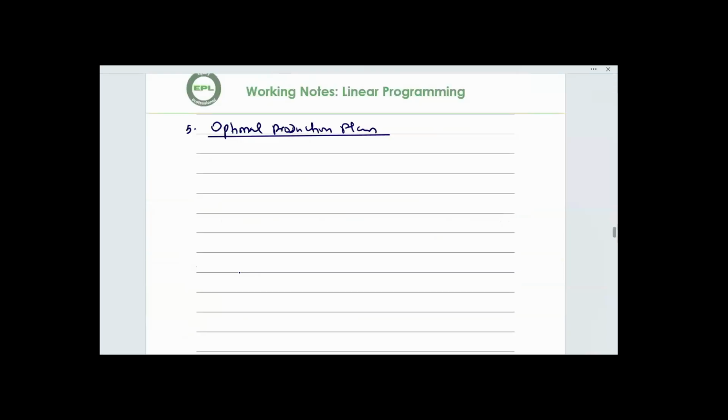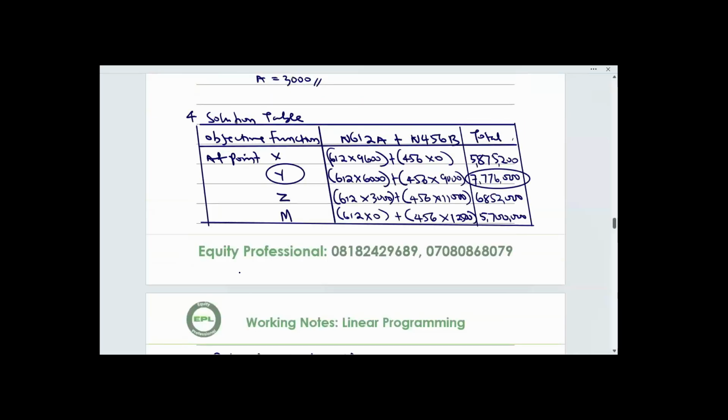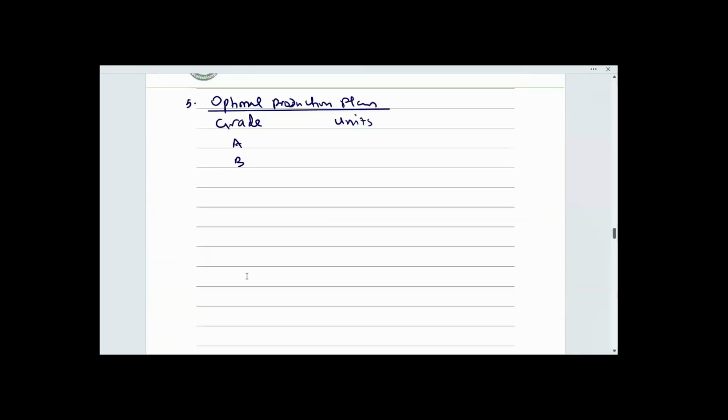So I can just come here. Units, then grade. Grade A, grade B. For grade A, we are producing 6,000 units. Grade B, we are producing 9,000 units.